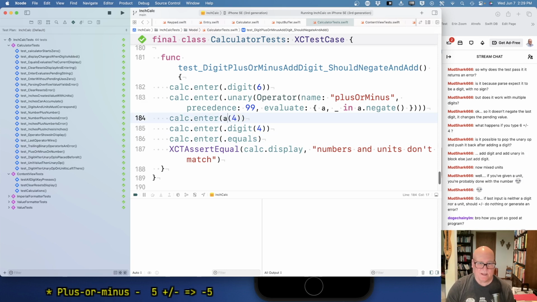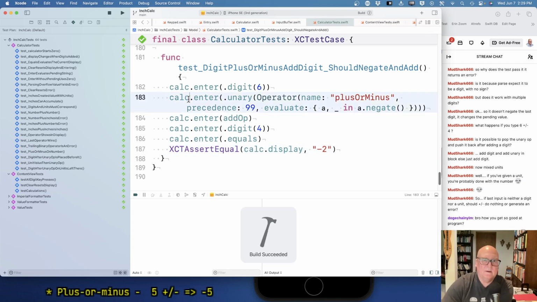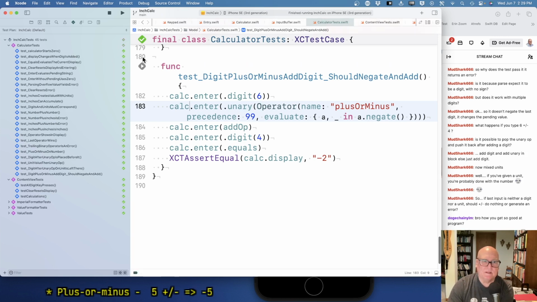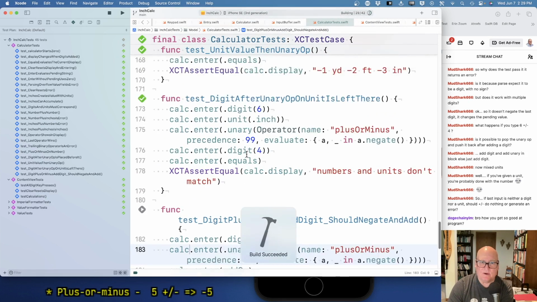This was called add op. 6. So this should be 6 turned into -6 plus 4 equals should be -2. Okay. I'm trying to decide where these tests belong.